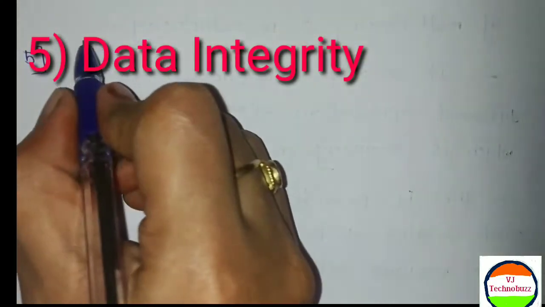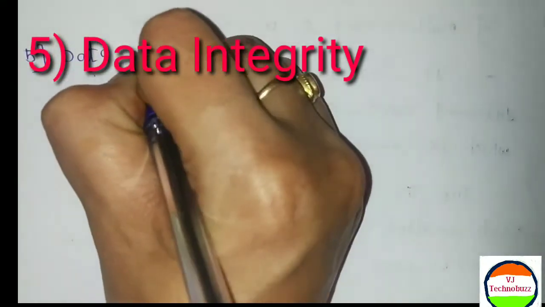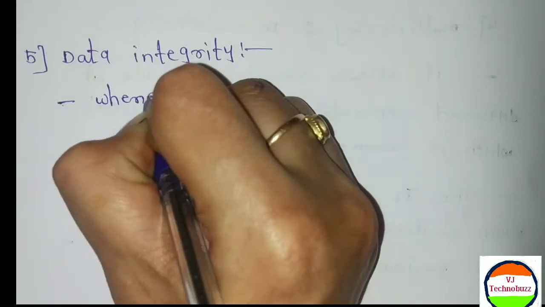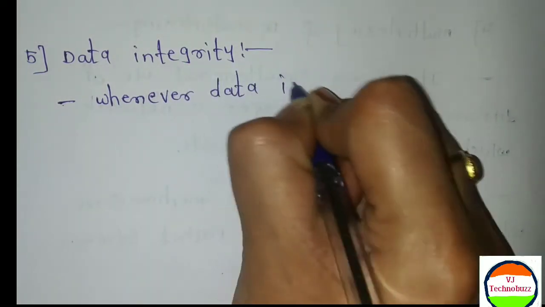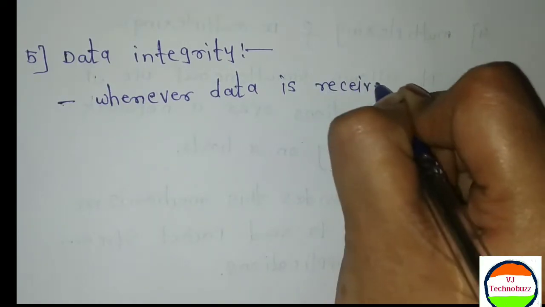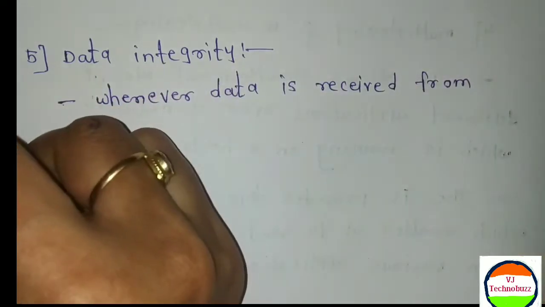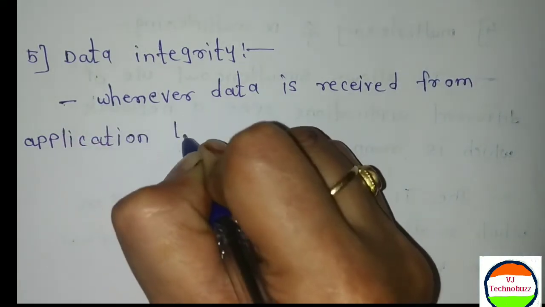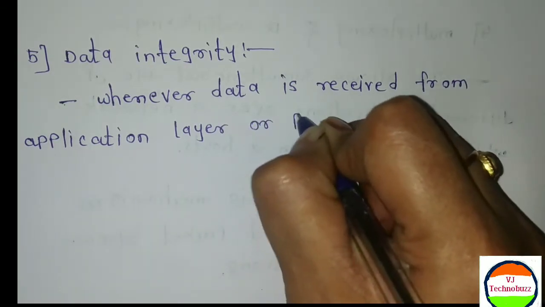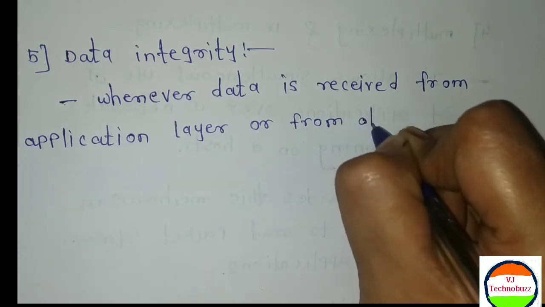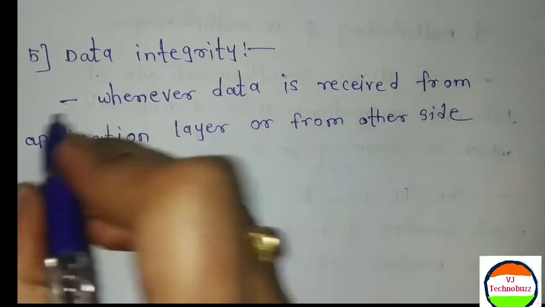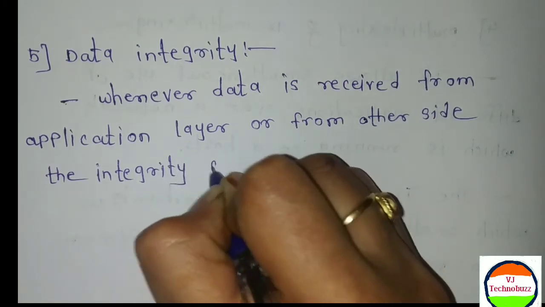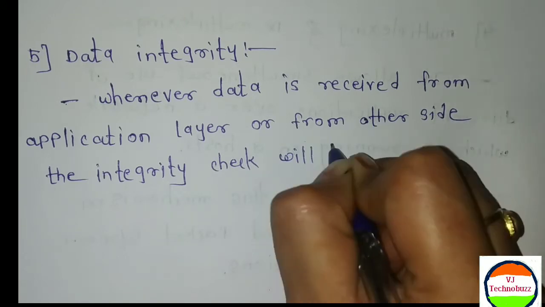Fifth function of the transport layer is data integrity. Whenever data is received from the application layer or from other side, the integrity check will be done by transport layer.